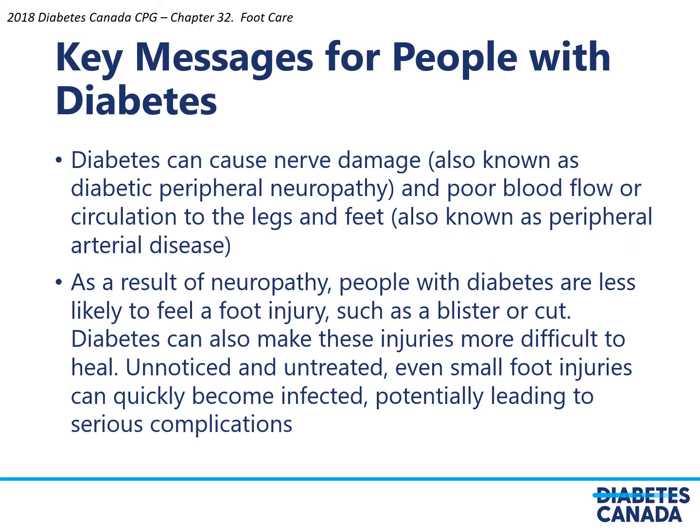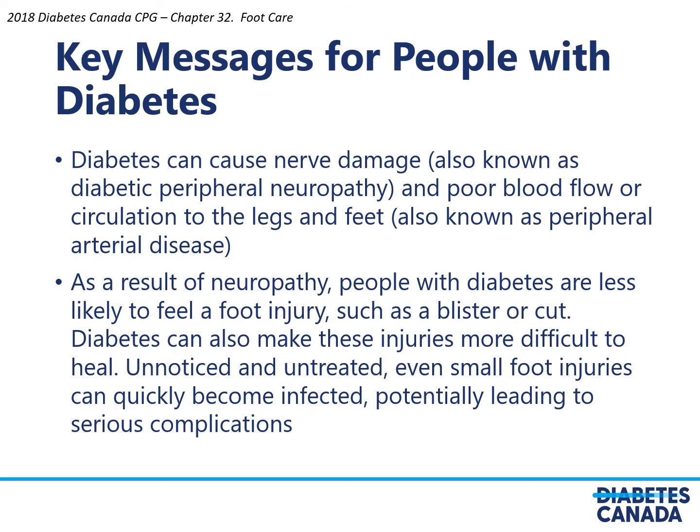The key messages for people with diabetes are as follows. Diabetes can cause nerve damage, also known as diabetic peripheral neuropathy, and poor blood flow or circulation to the legs and feet, also known as peripheral vascular disease or peripheral arterial disease.